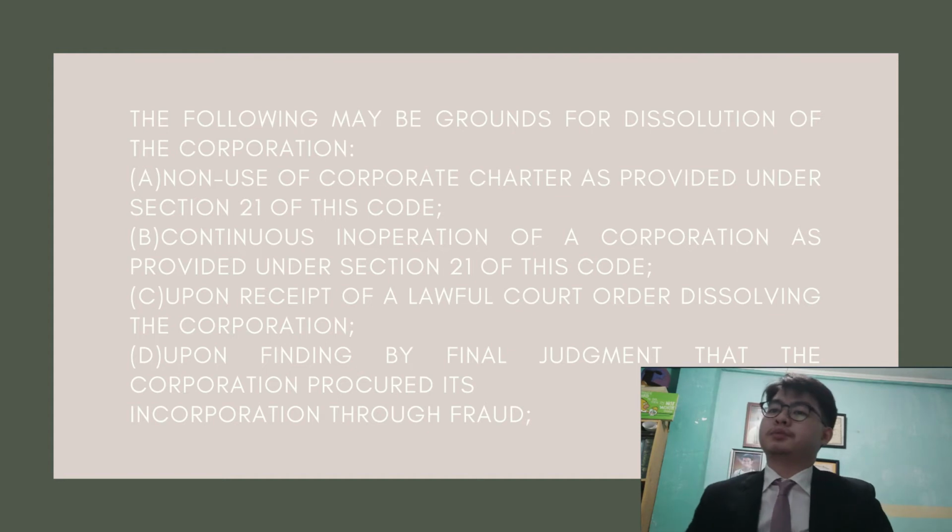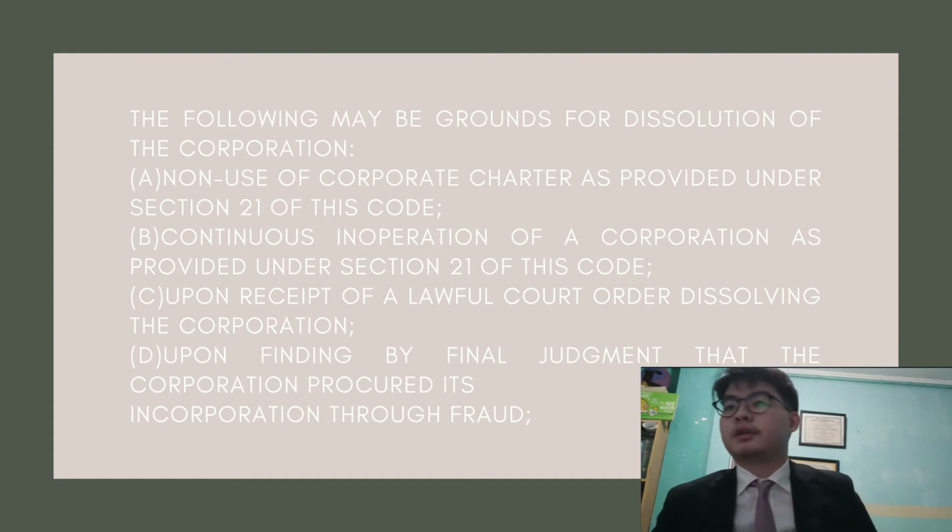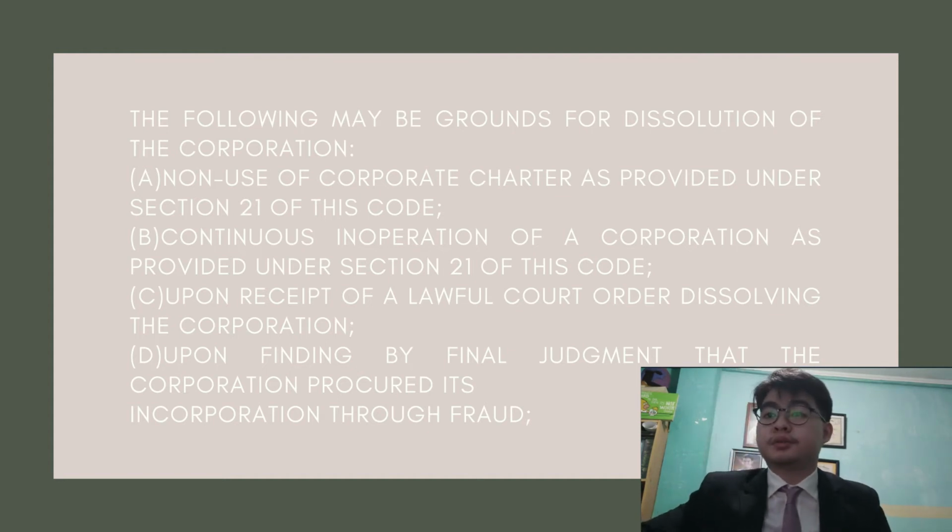The third ground would be upon receipt of a lawful court order dissolving the corporation. So if may mukaso sa corporation ipa-dissolve. The fourth ground will be upon finding by a final judgment that the corporation procured its incorporation through fraud. So if fraudulent ang pag-incorporate.